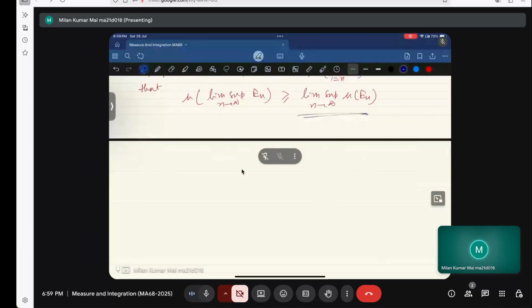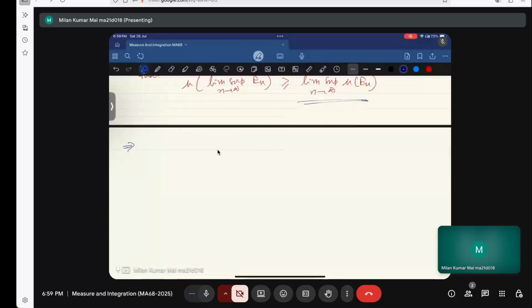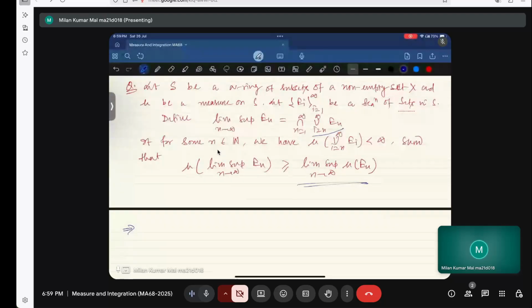Okay, so let's do it now. So here it is, we can consider these elements as fixed.